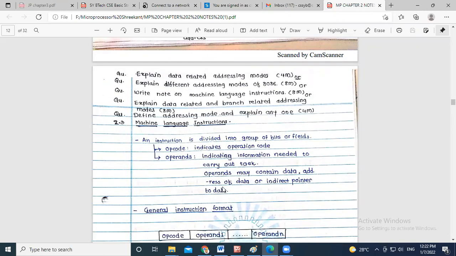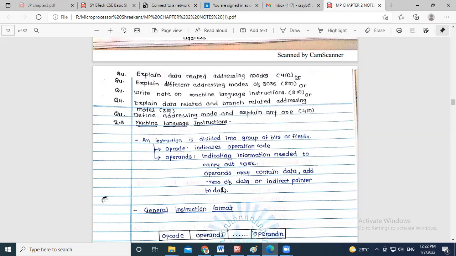In machine level instructions, mainly we are going to study addressing modes and instruction execution timing. Before that, we have to know what an instruction is, because these are machine level language instructions.